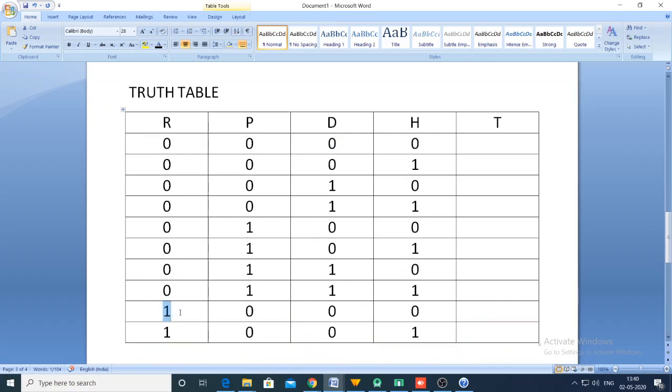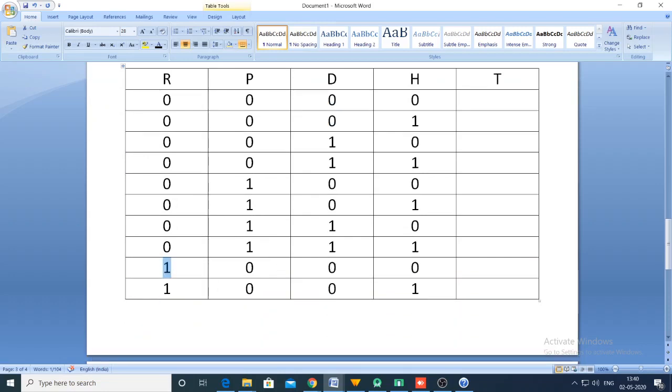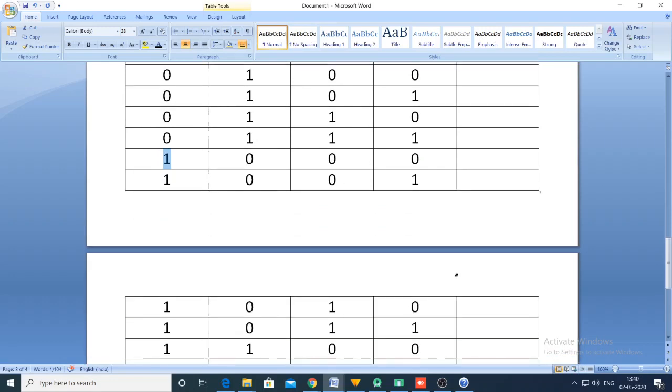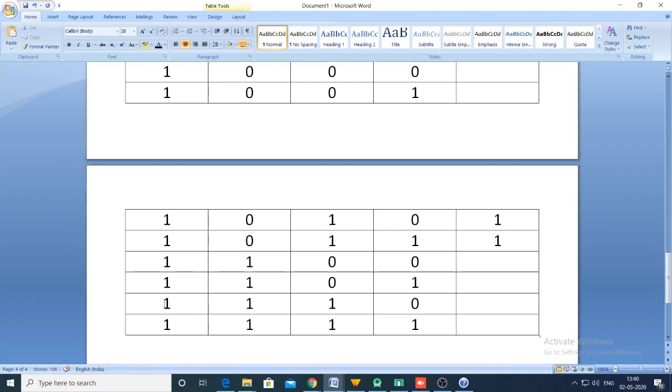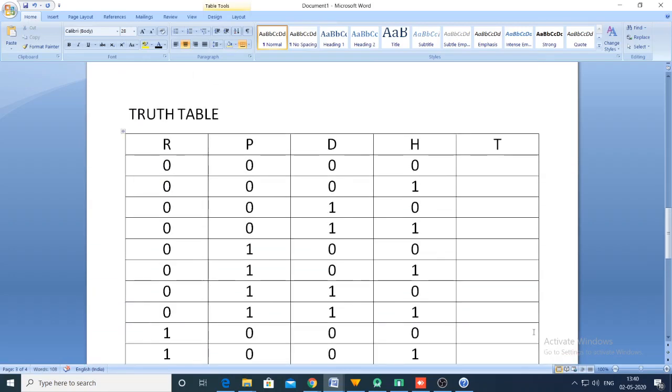Here R is 1 but D is not 1, so skip. R is 1, D is 1, so the result will be 1. Again R is 1, D is 1, result is 1. The next combination also, R is 1, D is 1, result is 1. Okay, this is how we have to fill.